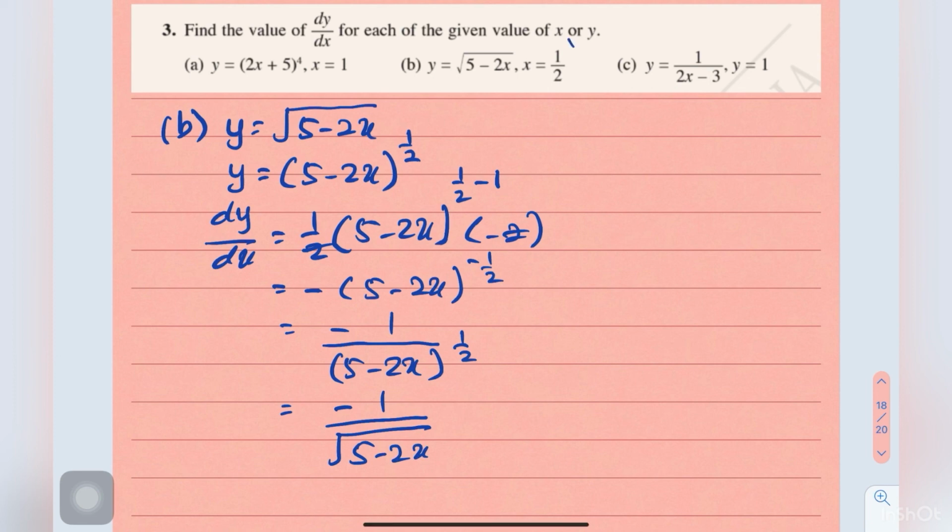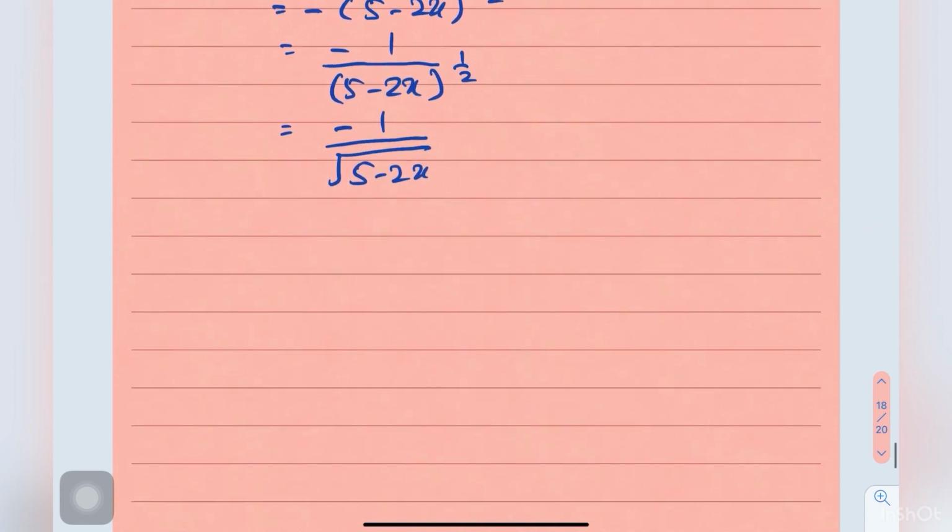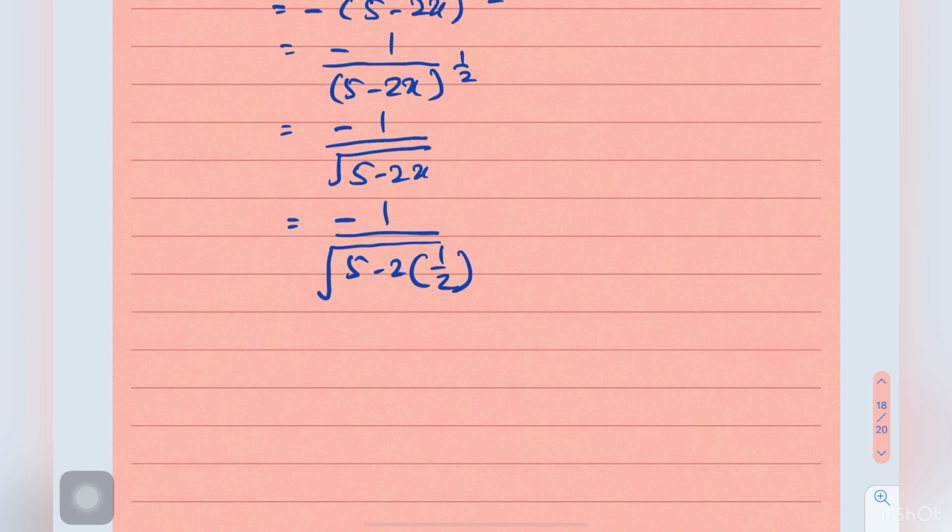Given x equals 1 over 2, you substitute into dy/dx. Here I substitute, I get negative 1 over square root of 5 minus 2 times 1 over 2. So 5 minus 1 is 4, square root of 4 is 2. So negative 1 over 2.